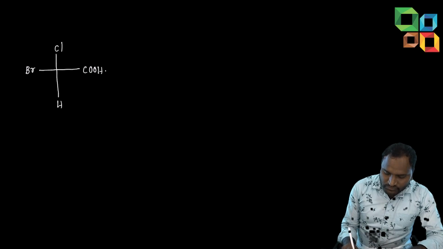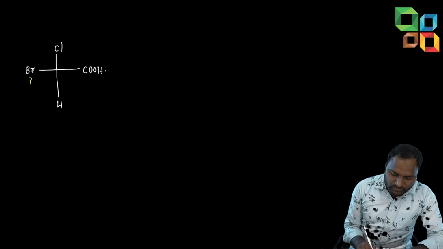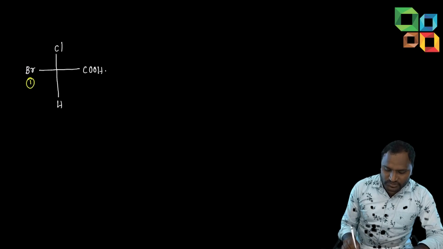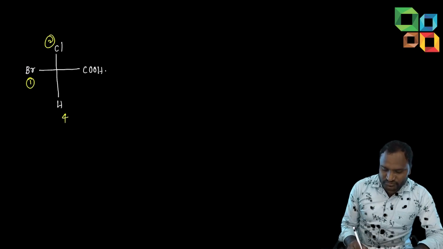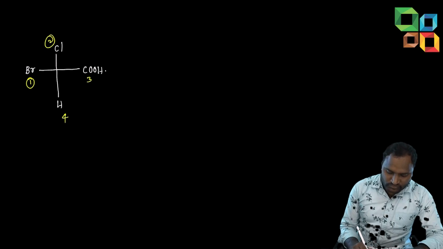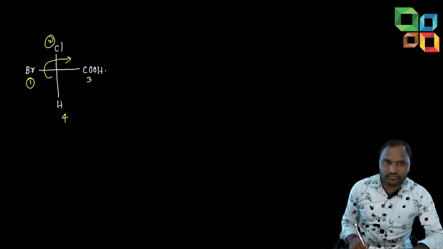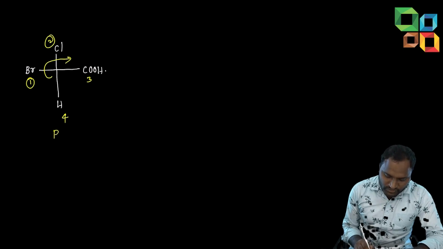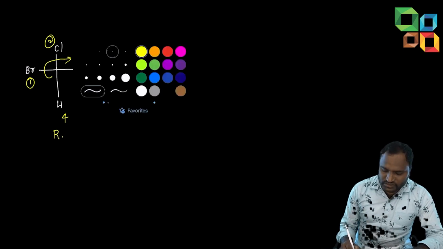See here, priority orders. Bromine, highest atomic mass. Next, chlorine. Anyway, this one is least. Third. Clockwise or anti-clockwise, students? Clockwise. So R configuration. Only so much. Nothing is there.